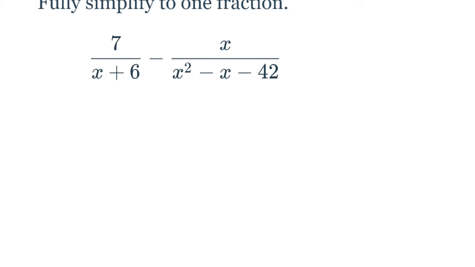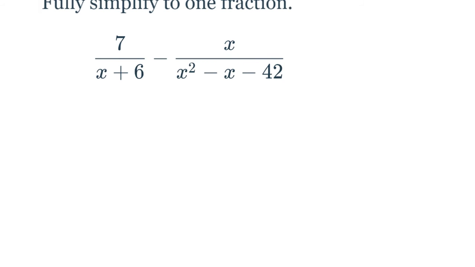All right, so here's my favorite one of the whole assignment, because this one requires factoring and multiplying. We also have a subtraction here. So the first thing I want to do is go to the left side, right side, and the denominator can clearly factor, and nothing else can.